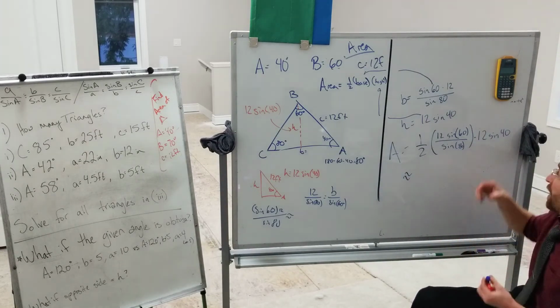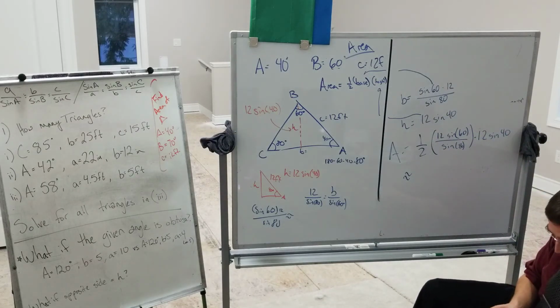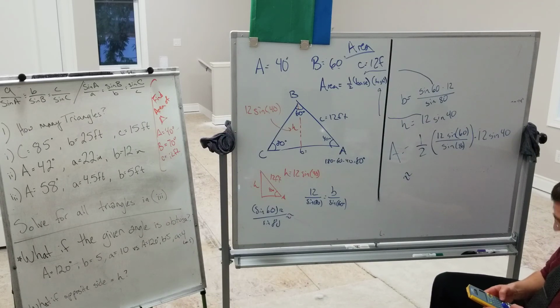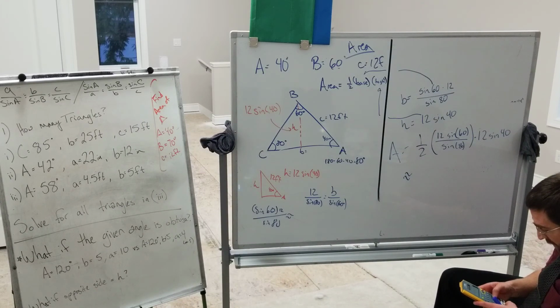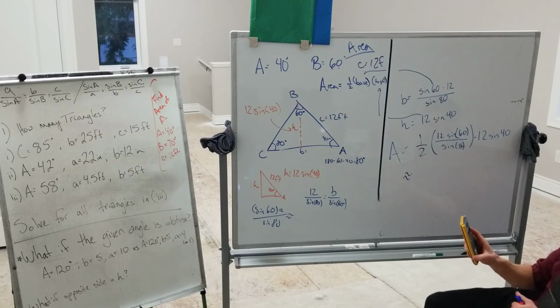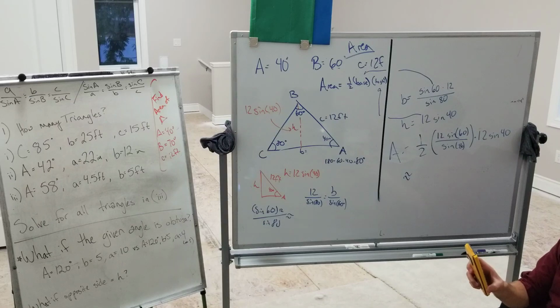Just plug this whole thing into the calculator. So 1/2 times 12 sine of 60 over sine of 80 times 12 sine of 40. And that gives us about 40.69857.